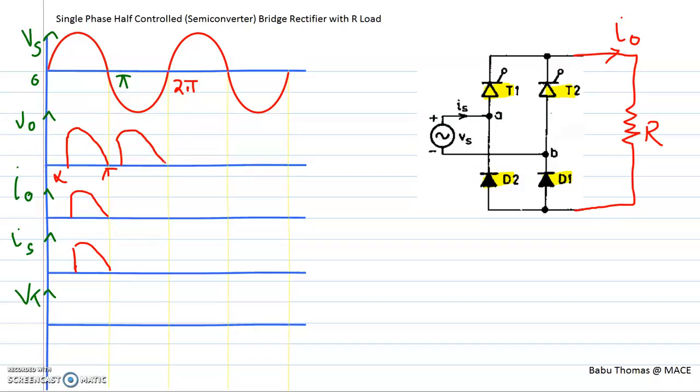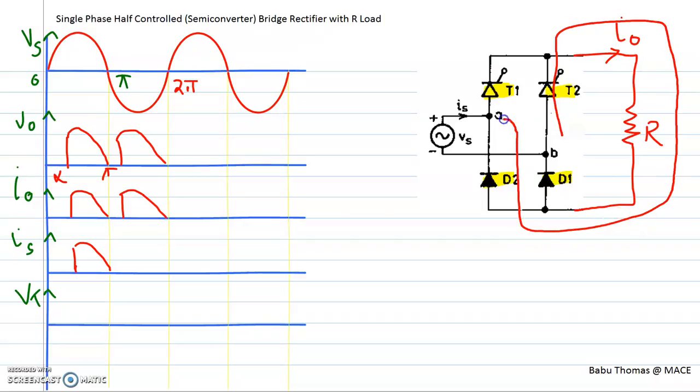So the load voltage will be the same as the source voltage. During that period, the load current will also be in phase with your output voltage V0, like this. But how will the source current look? The source current will move from the point B through T2 to R through D to A, in the opposite direction of your current Is. So your source current will be in the opposite direction of your load current I0. The same sequence will repeat for the rest of the system.